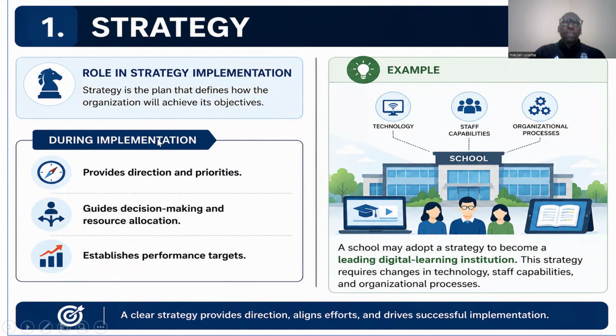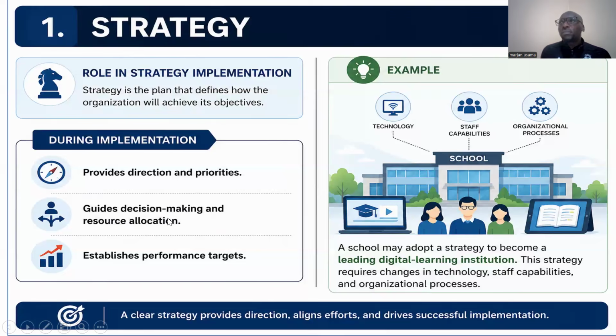Now, during implementation, what is the importance of this strategy? It provides us with directions and priorities. The strategy helps us to know where we are heading to. Are we heading east, west, south, or north? Number two, it also guides decision making and resource allocation.